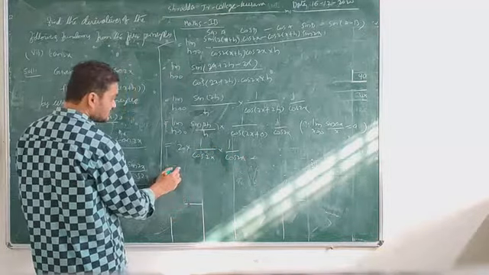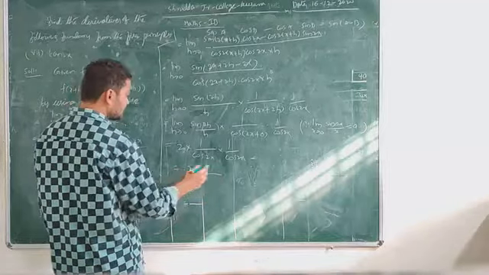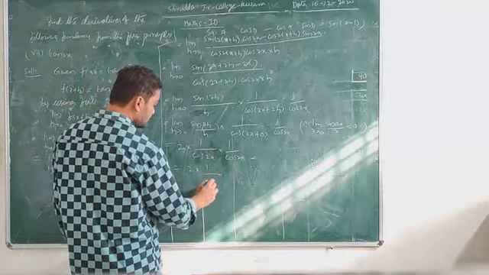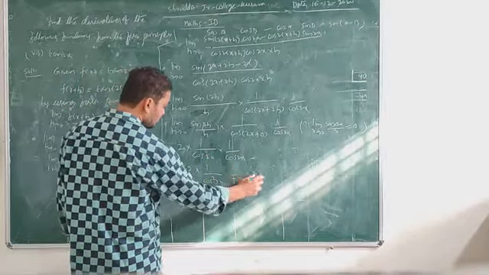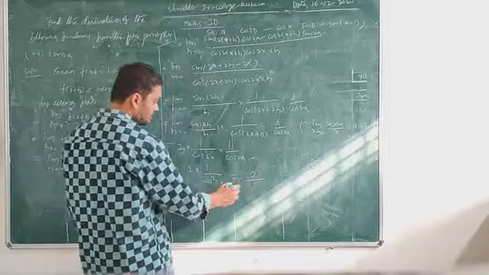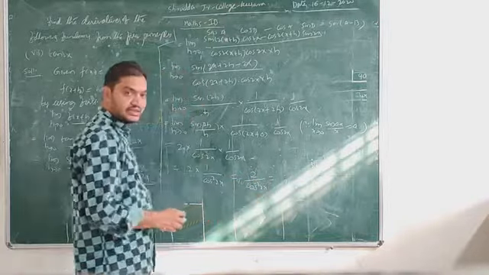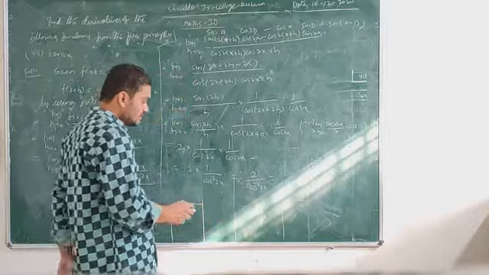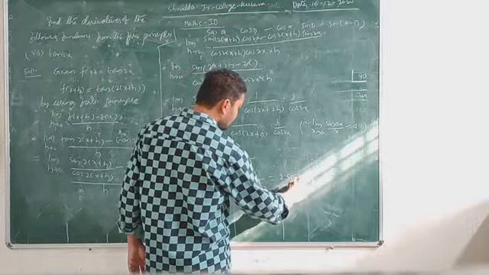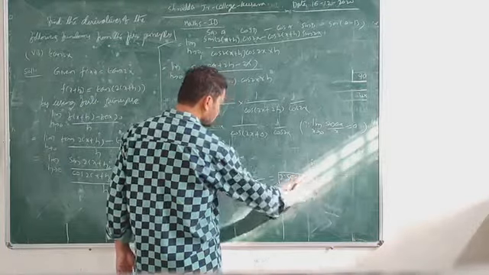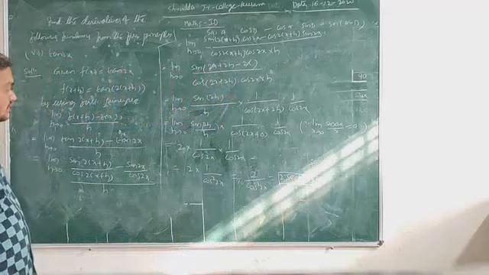Now this equals 2 into 1 by cos 2x whole square, that is 2 by cos square 2x. Now 1 by cos square theta is nothing but secant square theta. Now we have 2 into secant square 2x. Now this is our required answer.